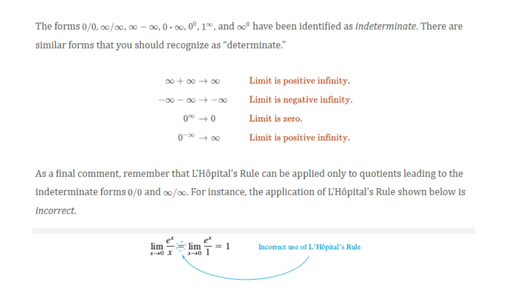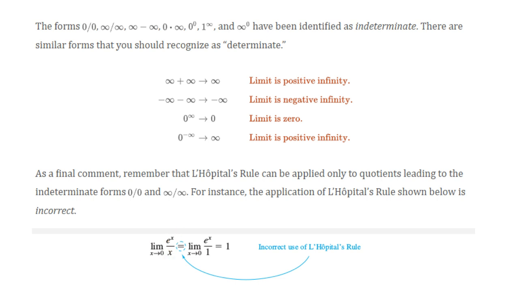As a final comment, remember that L'Hopital's rule can be applied only to quotients leading to the indeterminate form 0 over 0 and infinity over infinity, and that there are cases where it looks like you can use L'Hopital's, but it's erroneous to use it. For example, below, the limit as x goes to 0 for e to the x over x, it's very tempting to say e to the 0 is 0.